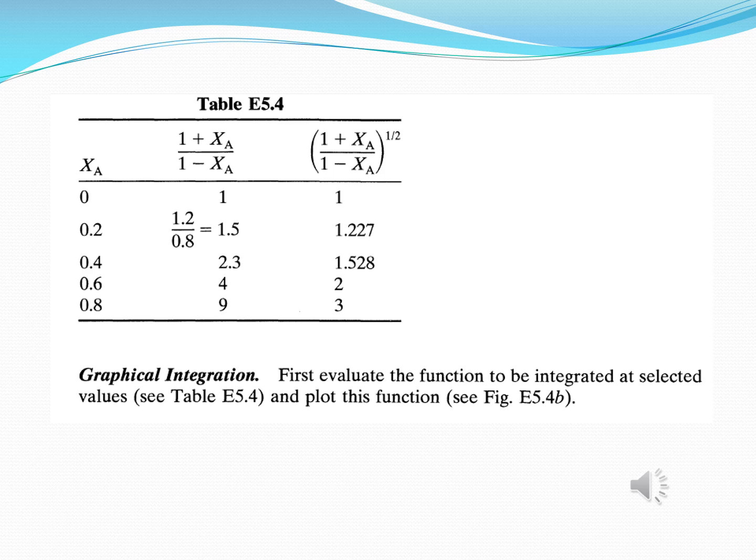We put in the values of xa, take the power of half, and we get these values. So these are the five values. If xa is 0, we have one value of (1 plus xa over 1 minus xa) power half; at 0.2, we have 1.227; and at 0.8, we have 3 as the value of this function. These values are already calculated, and you can see them in this table.